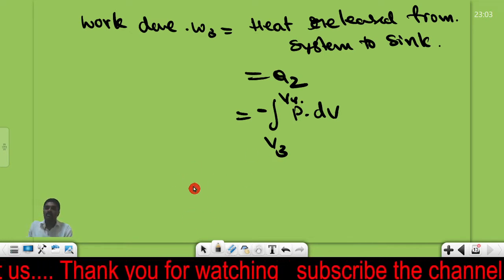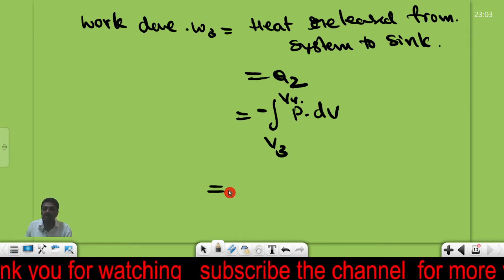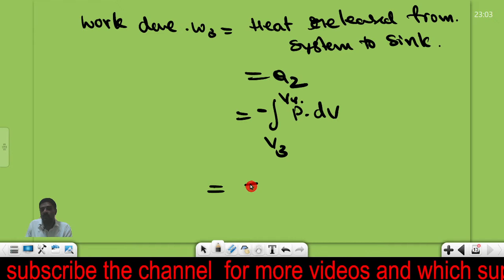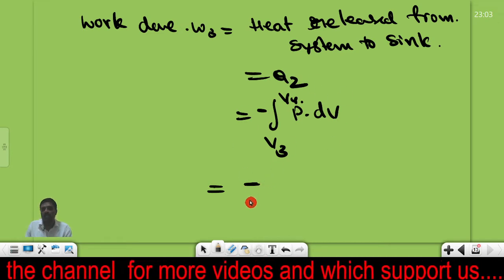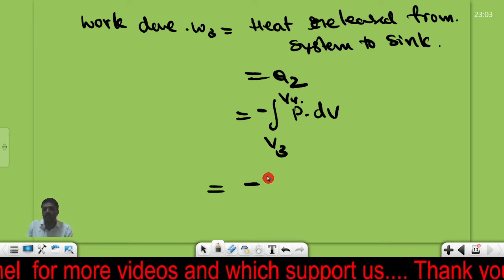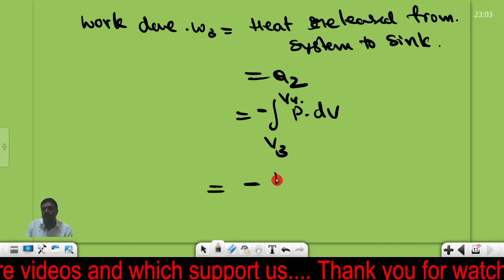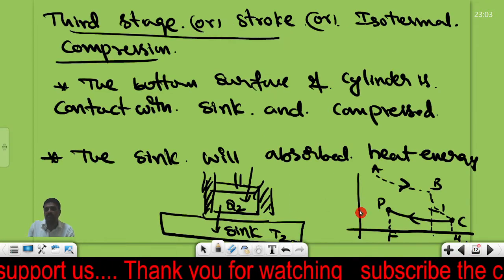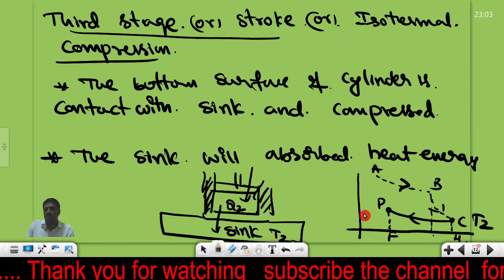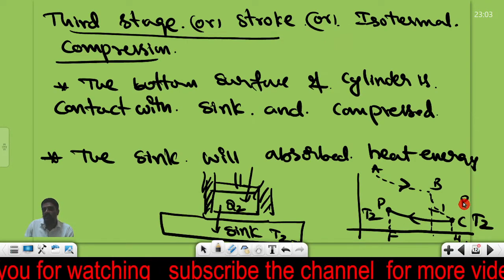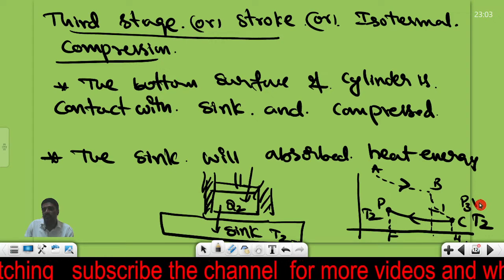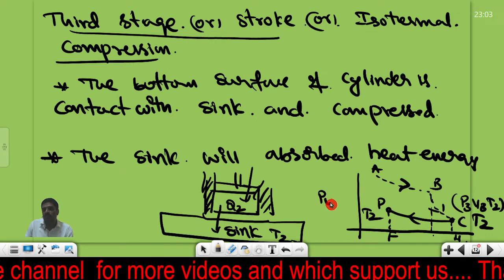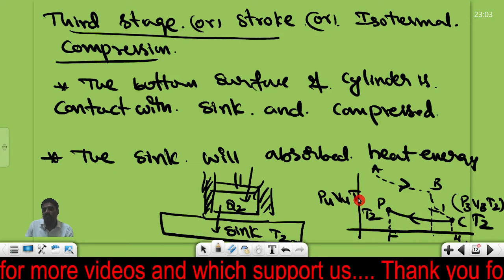Now let me check, from where to where it is moving. What is the formula for this isothermal process? It is equal to R into the temperature in this process. Temperature is the same, T2. Here we have P3, V3 and T2, and here P4, V4 and temperature T2 only.